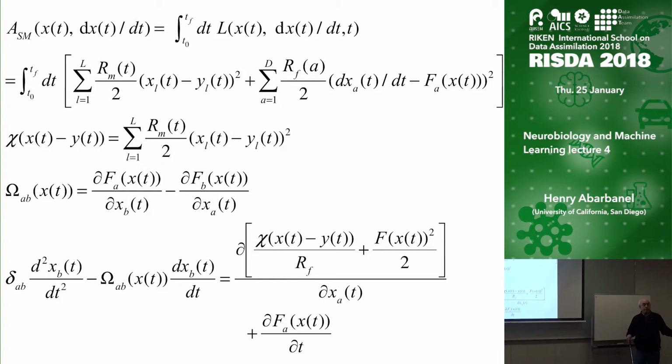Suppose you make the error in the model smaller and smaller. That means you increase the precision of the model more and more, and that means the scale of the inverse covariance matrix gets bigger and bigger. The precision gets bigger and bigger.